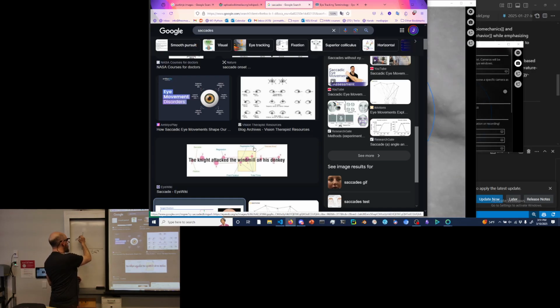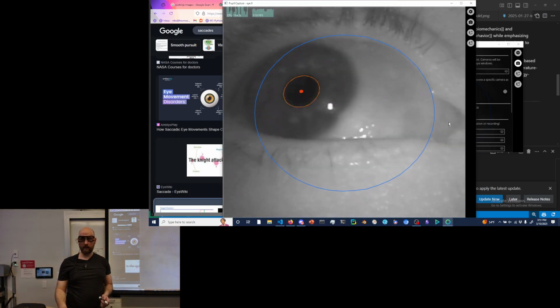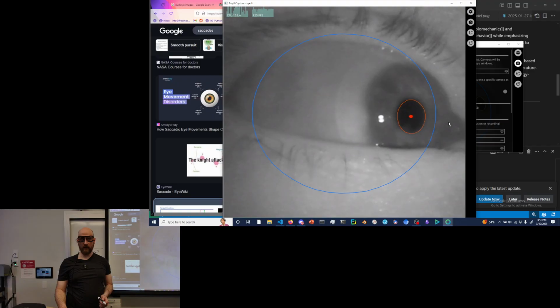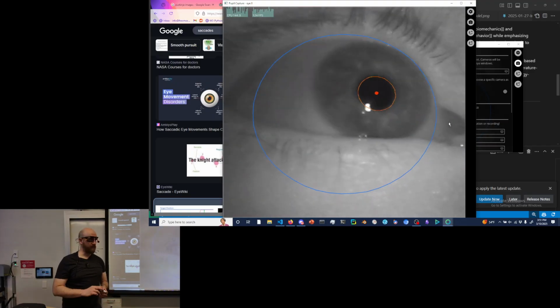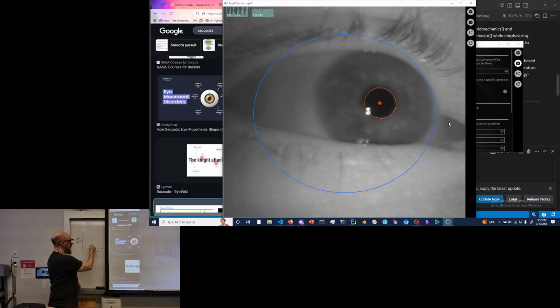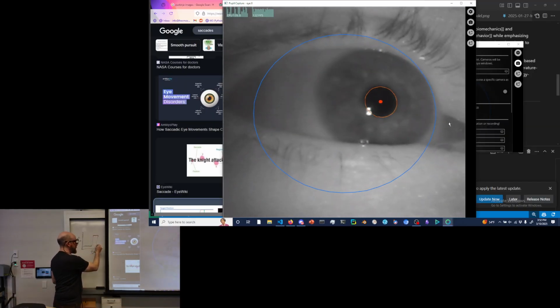So if you look at my eyes here, it's at one part of the screen, then the other part of the screen. If this is one part of the screen, and I make an eye movement to the other side, it's going to jump like that. And it jumps back like that.